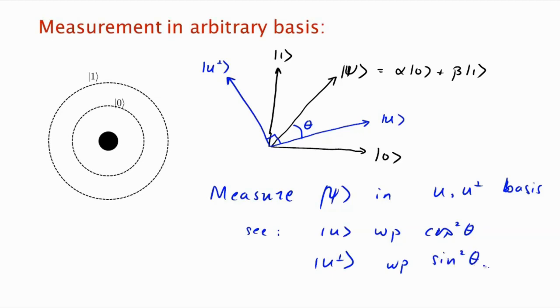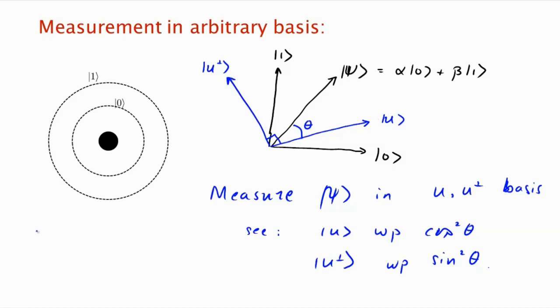What does all this mean, though? What does it mean to measure this state in the u, u perp basis? What it means is you're measuring to see whether the state is this particular superposition of ground and excited or that superposition of ground and excited.